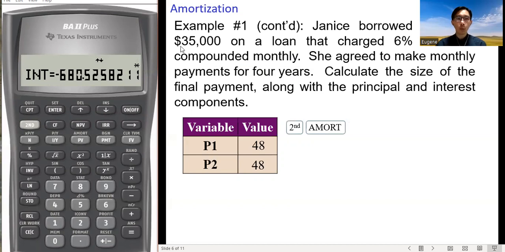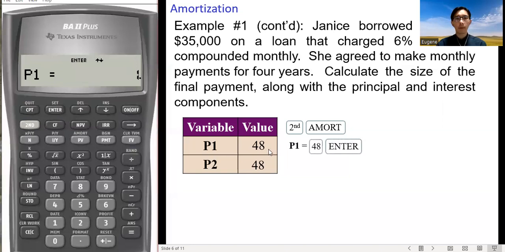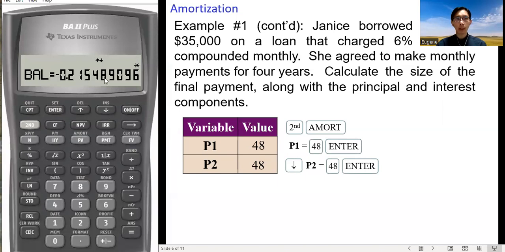Activate the amortization worksheet and then key in P1, 48, P2, 48, and then we can get the balance.